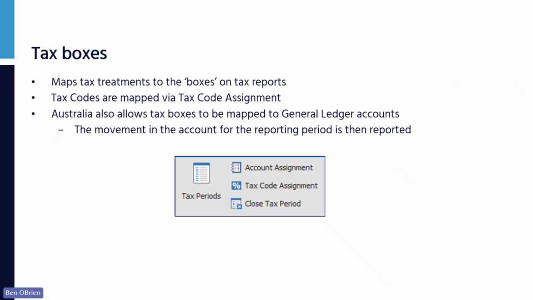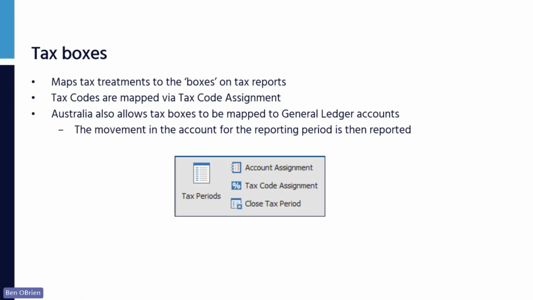But if there is something, as I said before, a change in tax rates or whatever, or new tax codes come in that are reportable, then you would need to assign them through the tax code assignment. Australia also allows the tax boxes to be mapped to general ledger accounts. So if you are in other jurisdictions, the account assignment button that you see there will be grayed out.